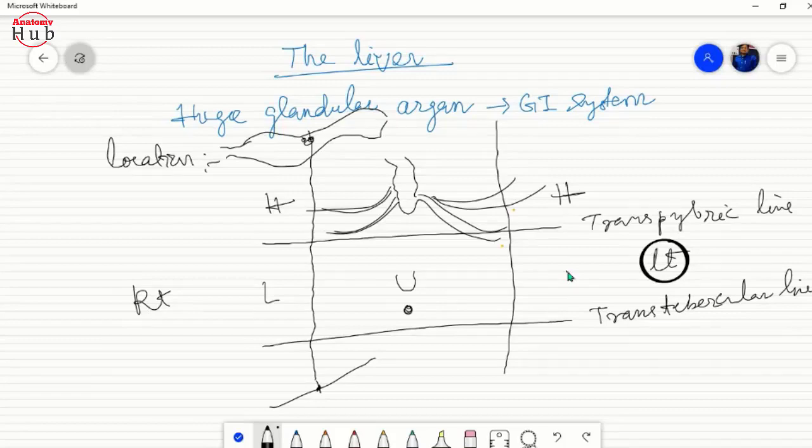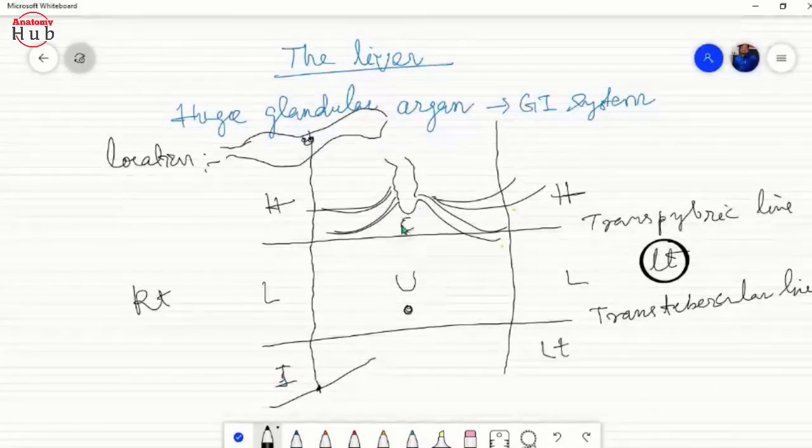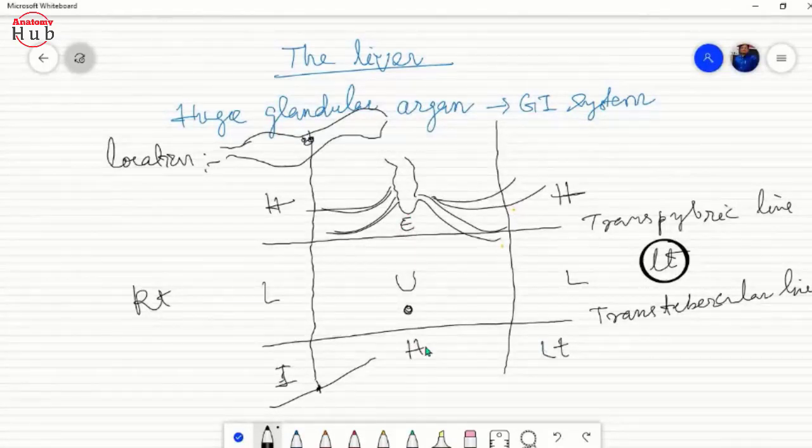This is your iliac region, right iliac and left iliac region. And this is your epigastric region, and this is your hypogastric region. Epigastric is just below the xiphoid process, and hypogastric is just below the umbilical region over here.